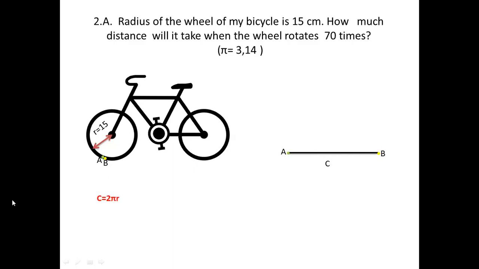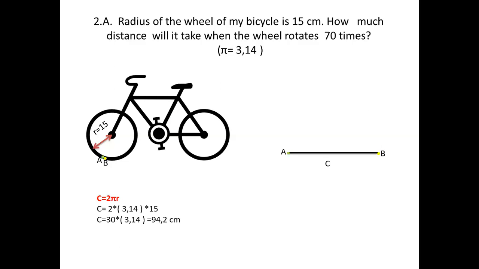In one rotation, what kind of distance will it take? So C is equal to 2 pi r, the same formula. Radius I know, it's 15. 2 times 3.14, which is given, times 15. If you calculate, 30 times 3.14 is 94.2 centimeters. In one rotation it makes 94.2 centimeters, which is very close to 1 meter.